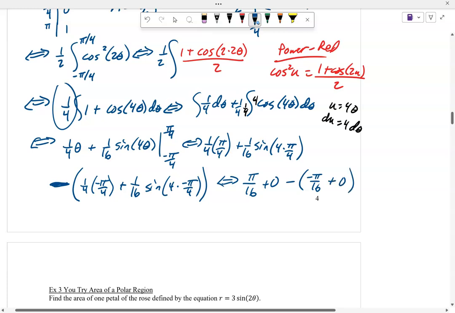So we've got pi over 16 plus pi over 16, 2 pi over 16, which is pi over 8.